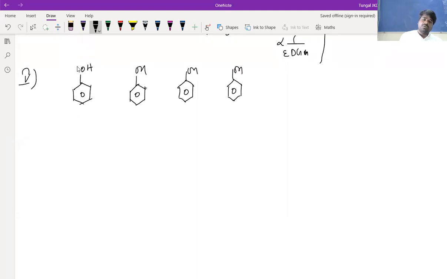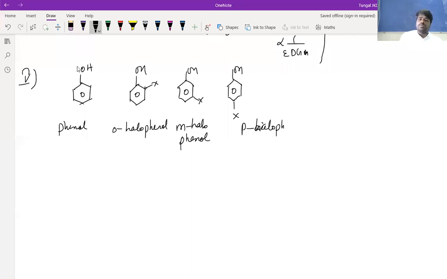This is your orthohalophenol, metahalophenol, and parahalophenol, where X is equal to either chlorine or bromine or iodine. So this is your first, this is your second, this is your third, this is your fourth, beta.